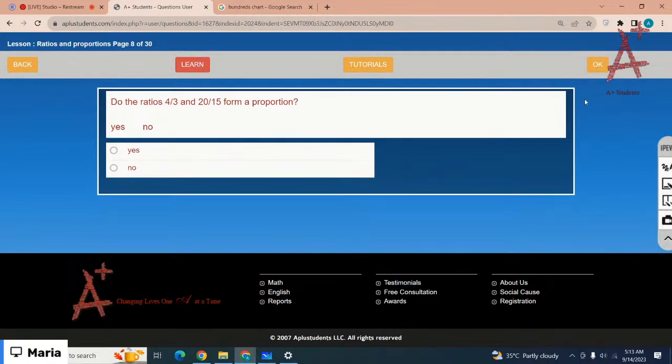Do the ratios 4 by 3 and 20 by 15 form a proportion? Which is the correct option?